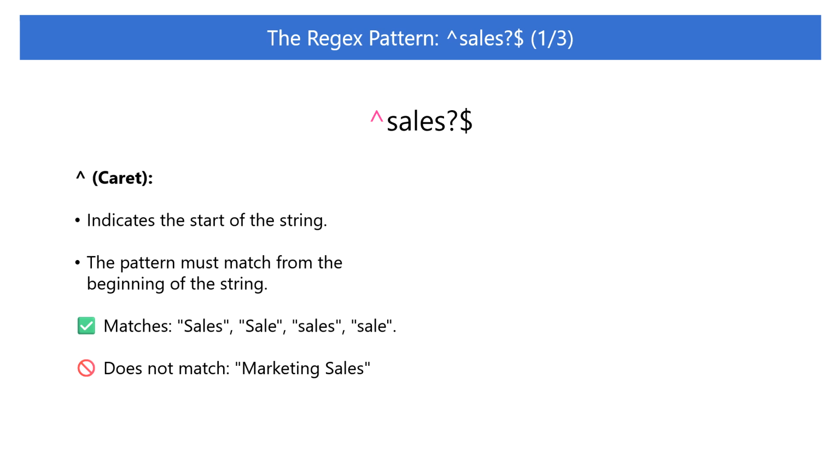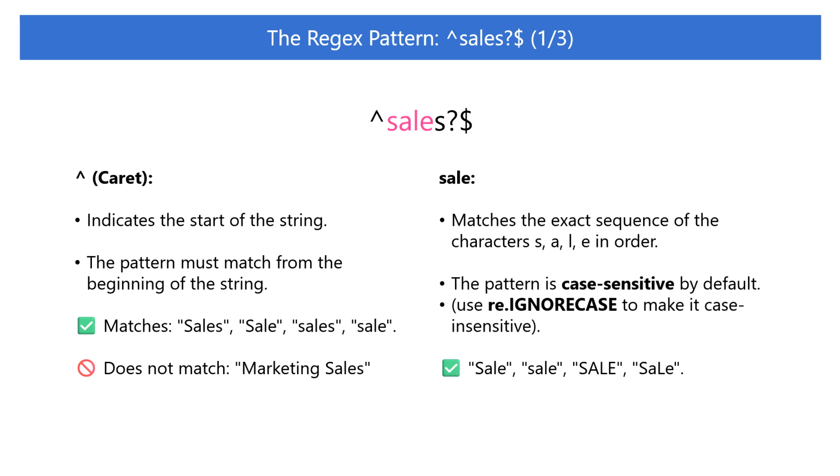Entries like Marketing Sales will not be included because sales is not at the beginning. The next part, sale, matches the exact sequence of the characters S, A, L, E in order. The pattern is case sensitive by default. So, in the function we defined above, we need to use re.IGNORECASE to make it case insensitive.